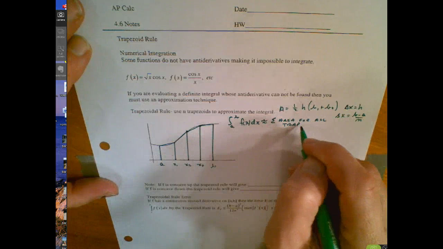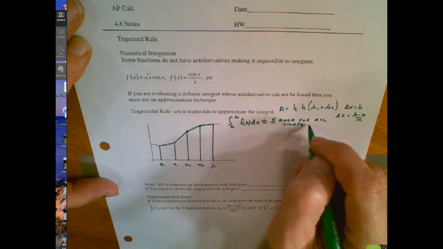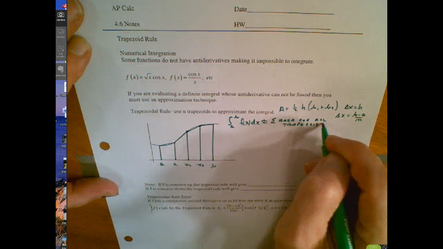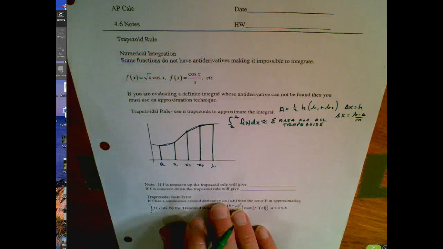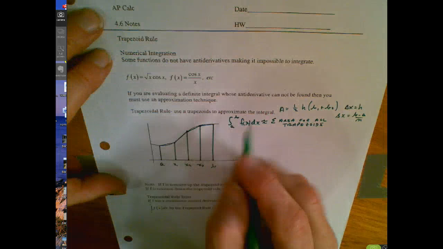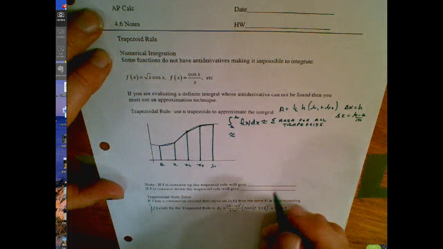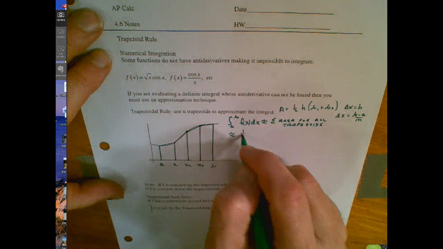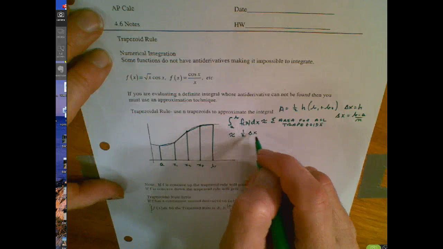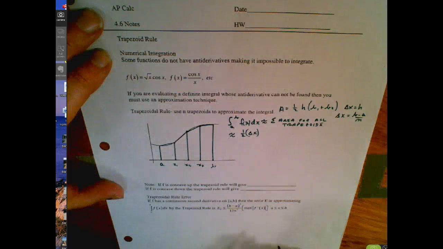So if we talk about it that way, we understand that it's just a geometric representation of what the integral stands for. If we use our formula, it's approximately equal to 1/2 the height, which is delta x. Okay, so let's get that.